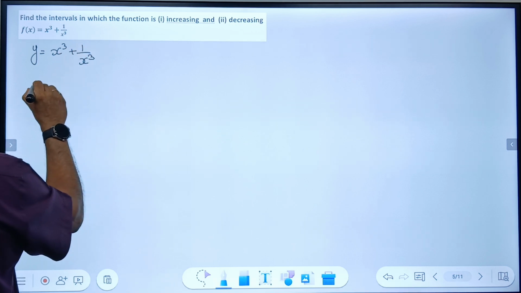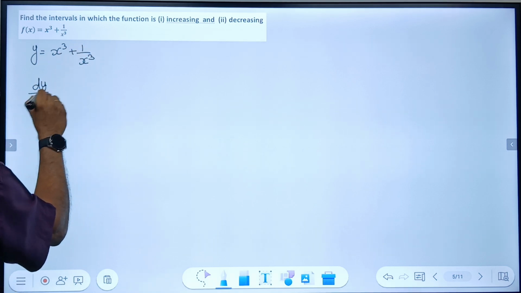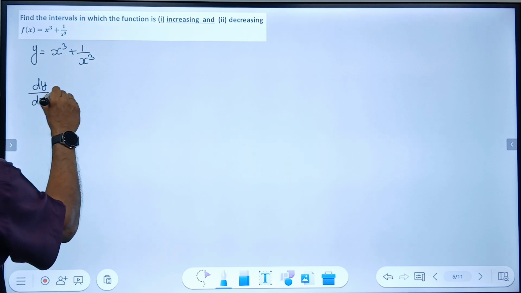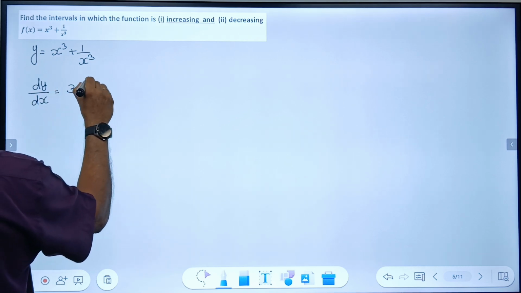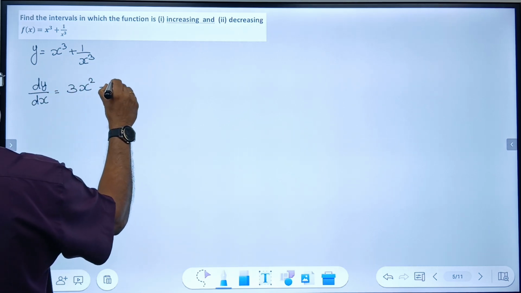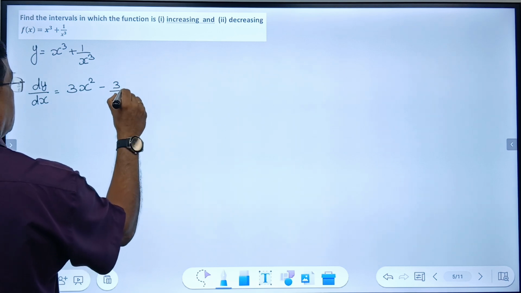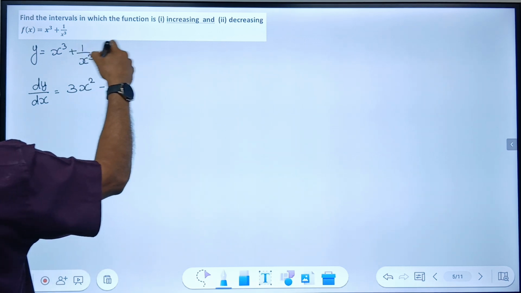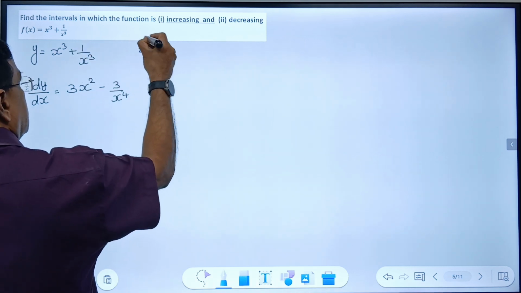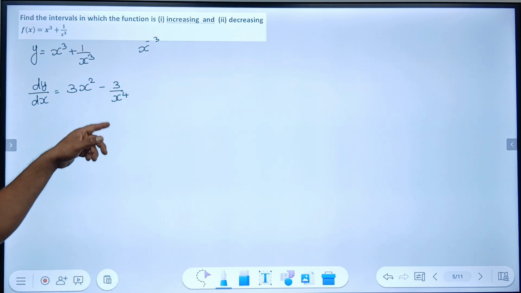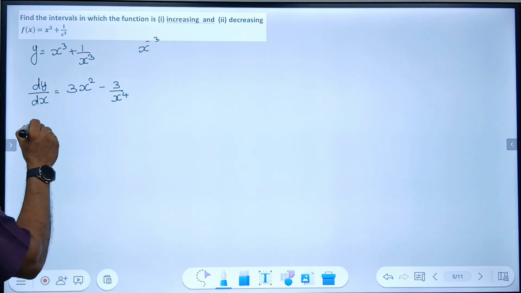Then I differentiate. What is dy by dx? Dy by dx will be 3x square minus 3 by x power 4. I hope you know how to differentiate x power minus 3. X power minus 3 is minus 3 by x power 4. Now I need to simplify this slightly.